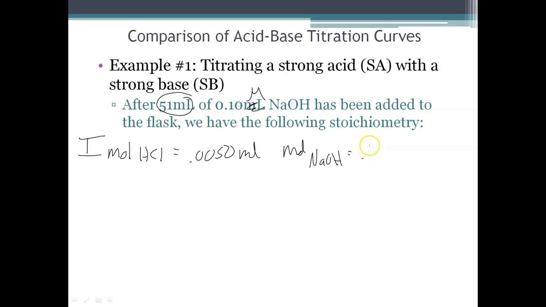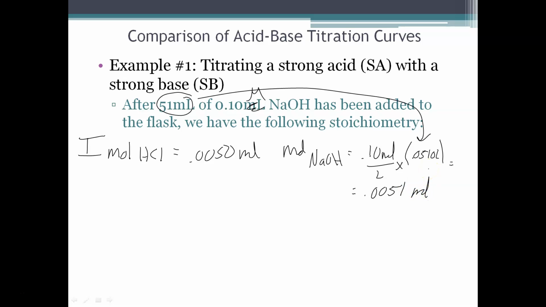We have 0.10 moles per liter, so it's a 0.10 molar solution, times 0.0510 liters. Okay, so we added 51 milliliters, that is 0.0510 liters, and the moles of base that we added is 0.0051.